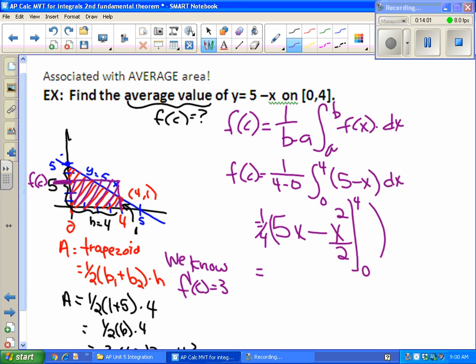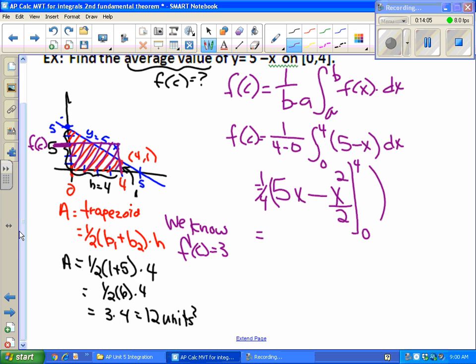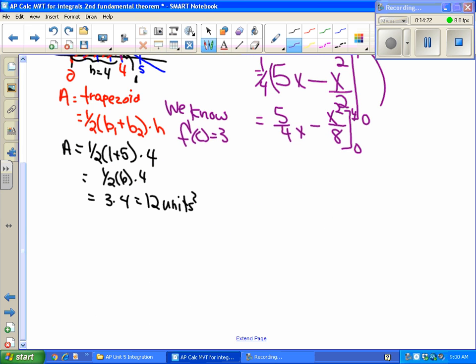We can wait till the end and do 1/4, or we can go ahead and use 1/4 now. I'm going to go ahead and use 1/4 right now. So that's the same thing as 5 over 4 x minus x squared over 8, evaluated from 0 to 4. Is that okay? I'm just trying to take care of that now rather than later.